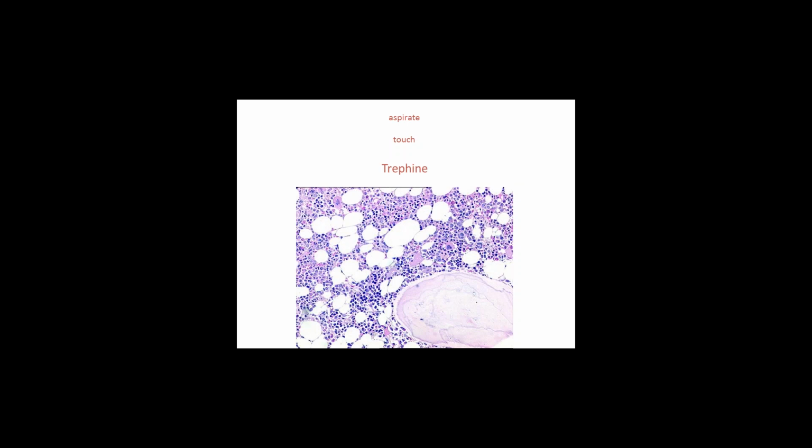This is how a touch smear looks like, a trephine biopsy after it's been processed, and a clot section. So there are four things that we can get from a single aspirate and biopsy setting: an aspirate, a touch smear, a trephine biopsy, and a clot section.